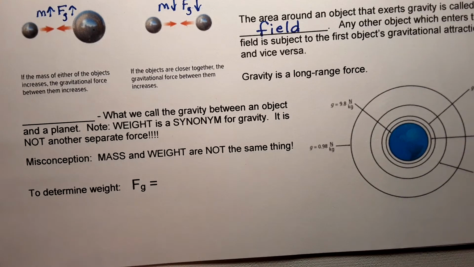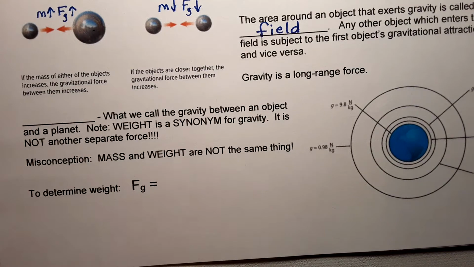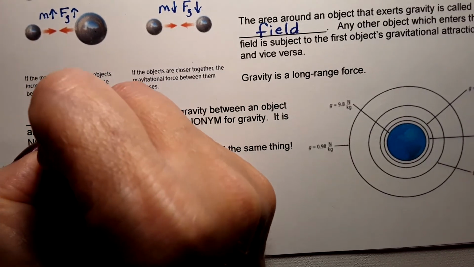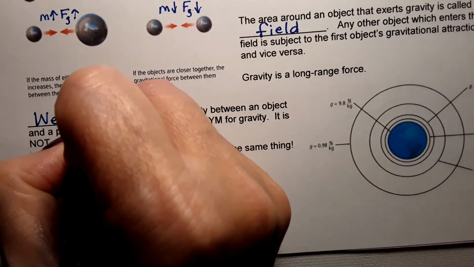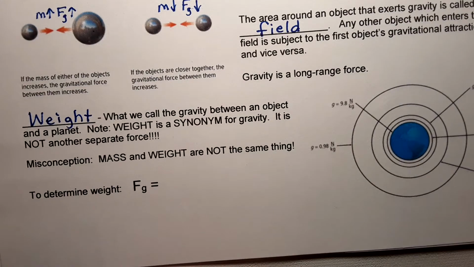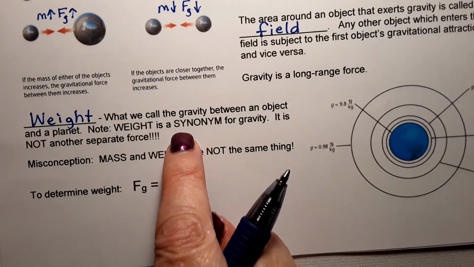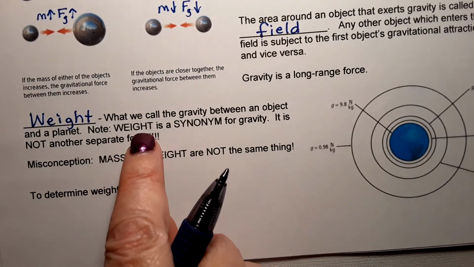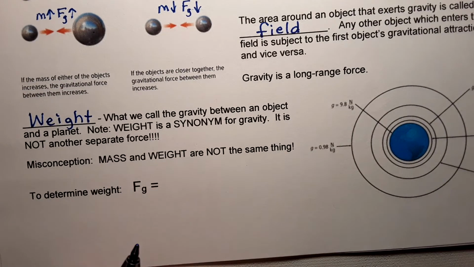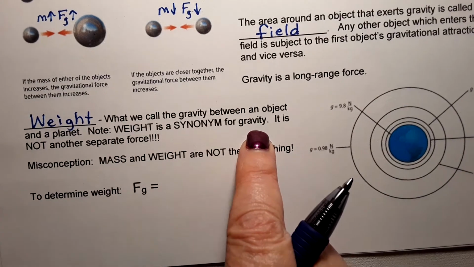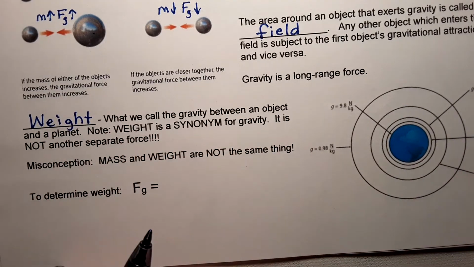And we have a special name for the gravity a planet exerts on an object, and we call it weight. Weight is actually a synonym for gravity. And if you're not sure you remember, synonym just means a word that means the same thing. So weight means the same thing as gravity. They're two words for the same thing.